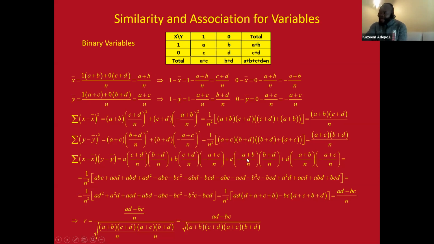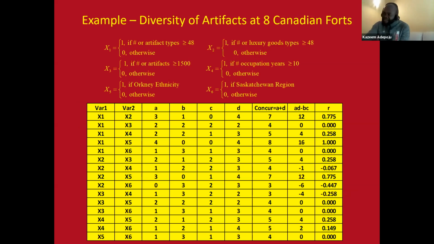A plus D is the total number of matches. Concur means agreement. That is just the number of times the two variables agree. So A plus D is concur, and that's what you have right here.